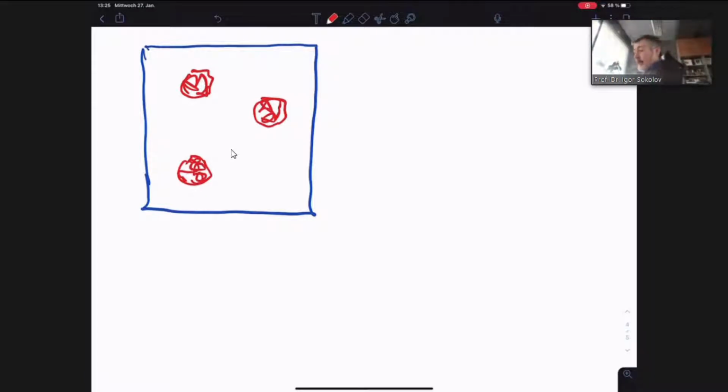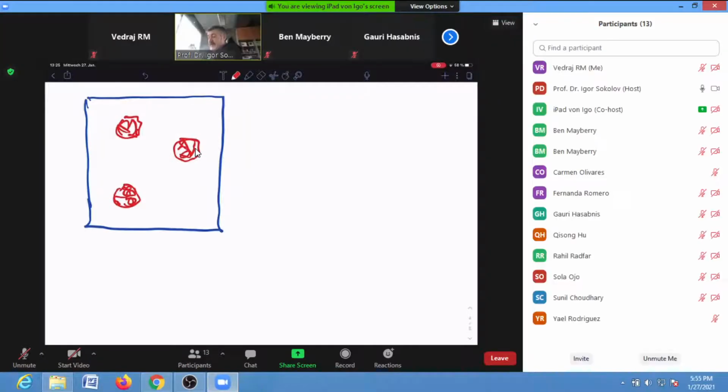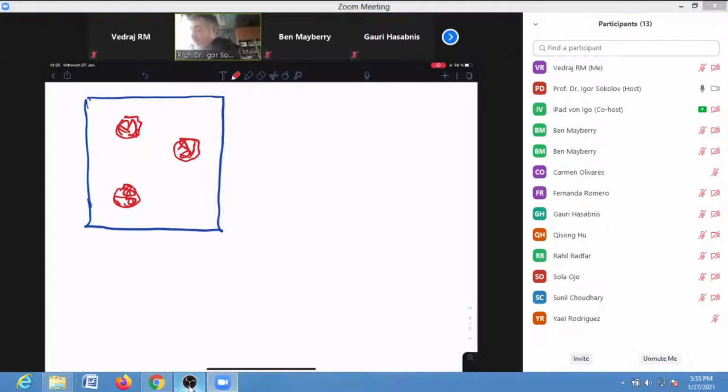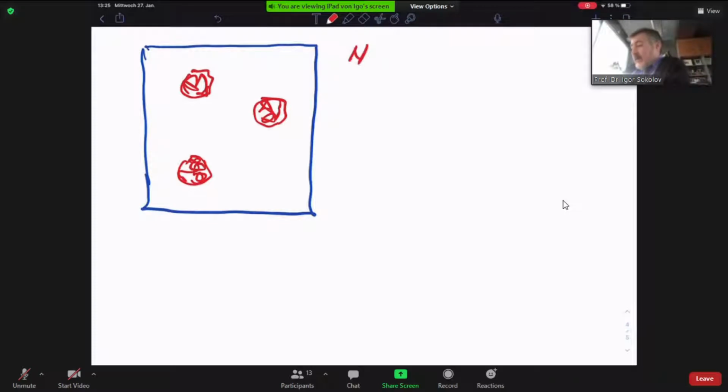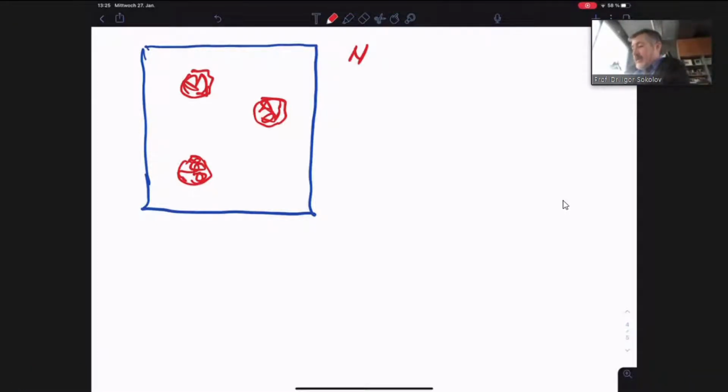So now what we see here is that I have n molecules. I don't remember now because I closed the window where I had a script. Let me call it small n.